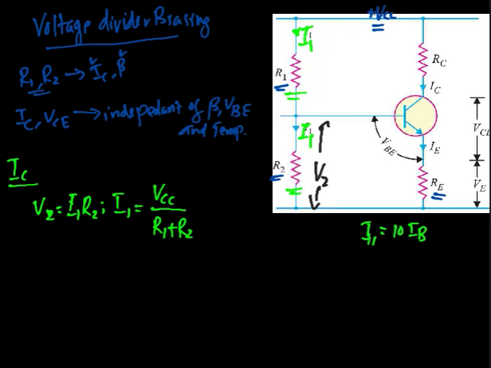So the current I1 is equal to VCC divided by the total resistance, R1 plus R2. From that we can write V2 is equal to VCC divided by R1 plus R2, which is I1, into the resistance R2.